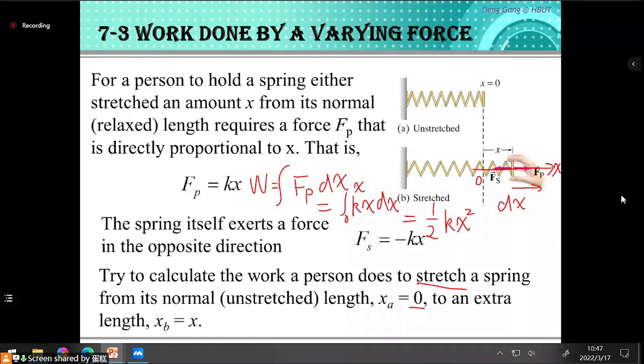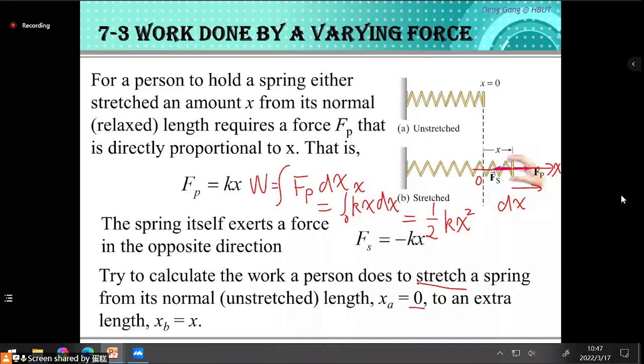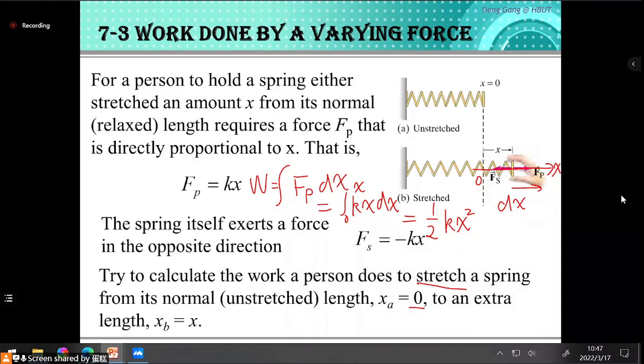At the same time, what's the work done by this spring? The work done by this spring should be minus half kx squared. Because the force is in the opposite direction, if you want to calculate the work done by the spring, you should use minus kx instead of kx here.